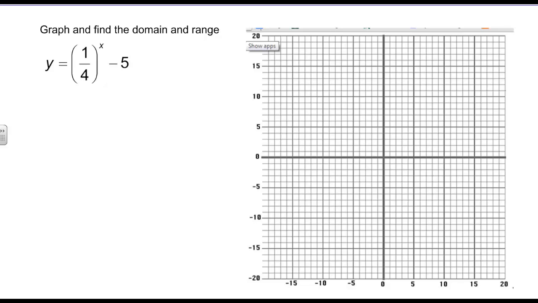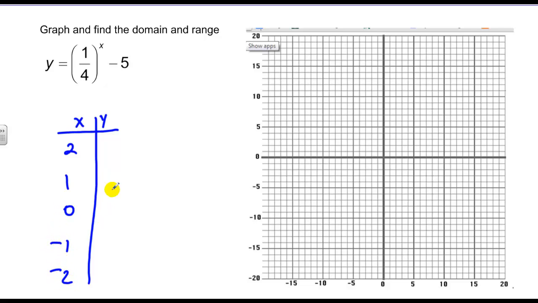Let's do another one. This one's going to be a little more complicated. So we have 1/4 raised to the x power, minus 5, is equal to y. I'm going to again use those same values to plug in: 2, 1, 0, -1, -2.